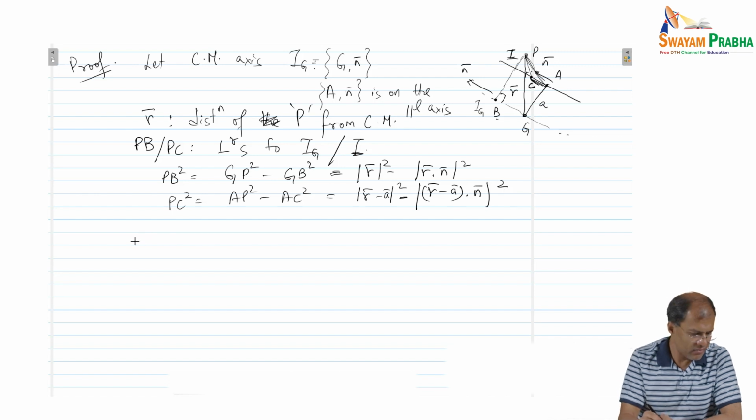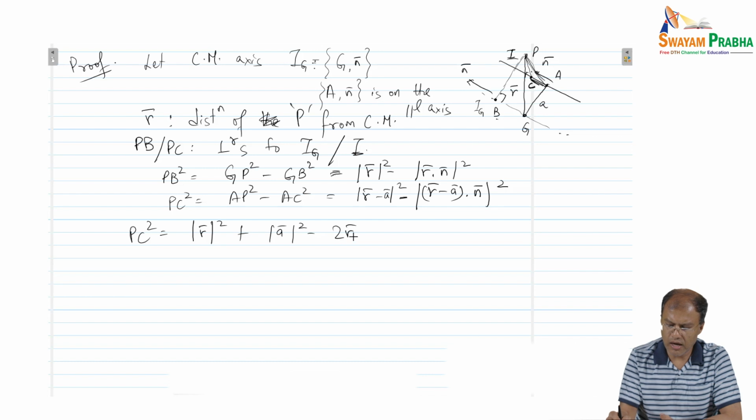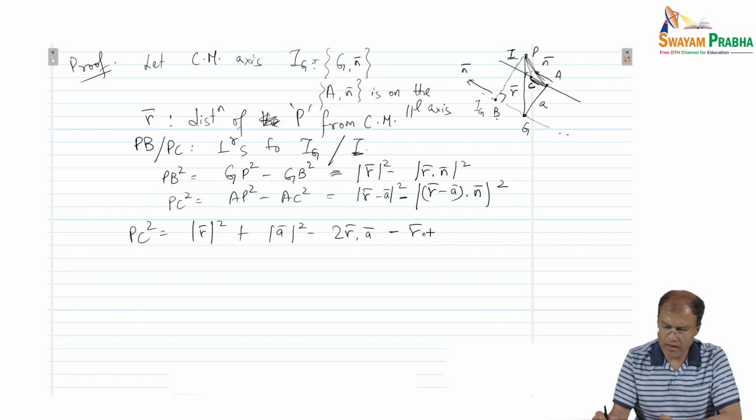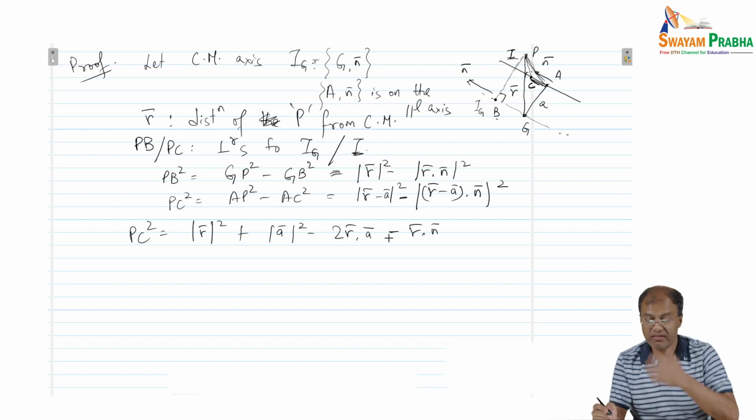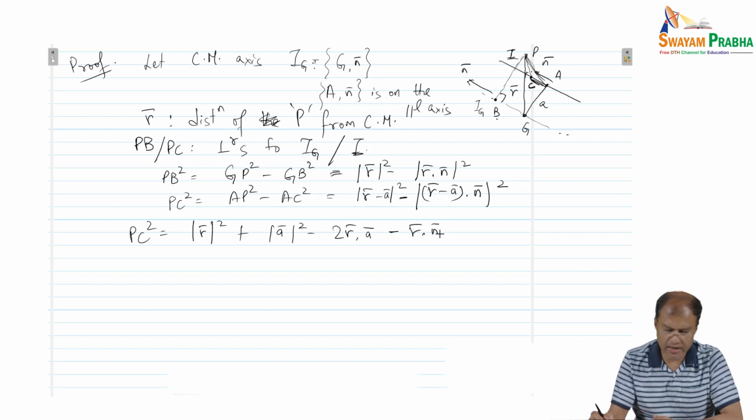So what we get is that PC square is R square plus A square minus 2R·A minus (R dot N) whole square.